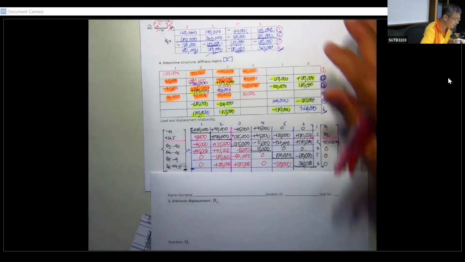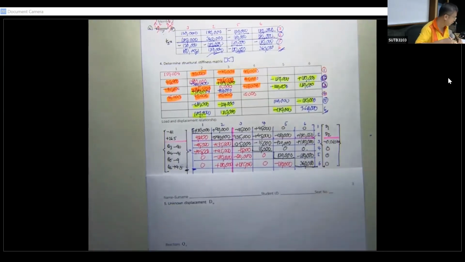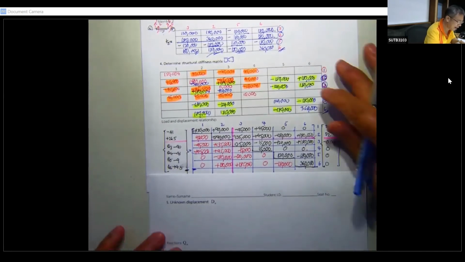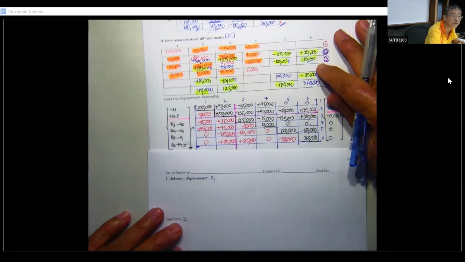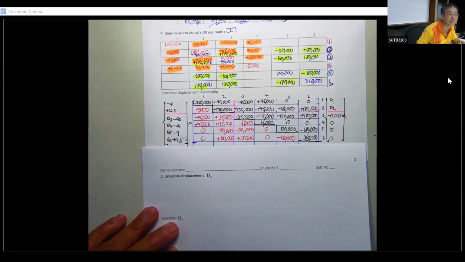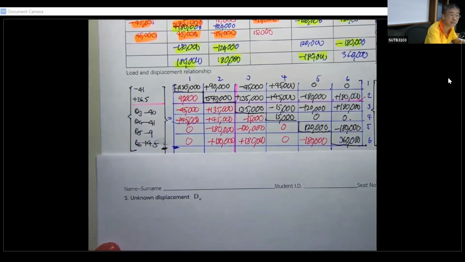Now you will have to set up something to make it in a good format for computation. Let me zoom in a little bit on this.